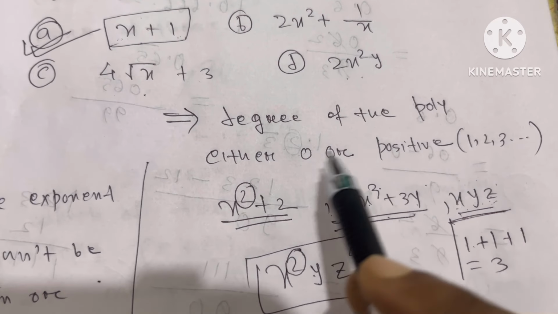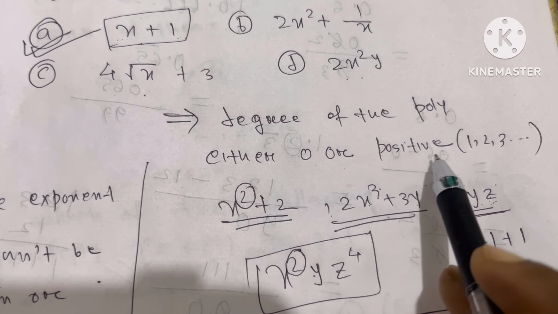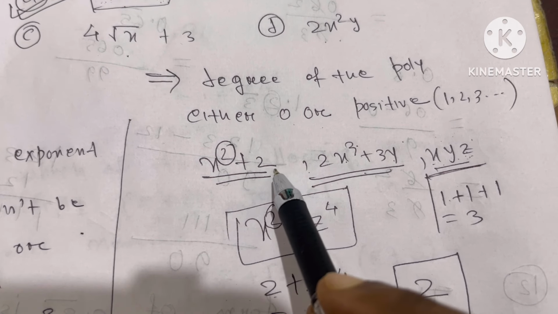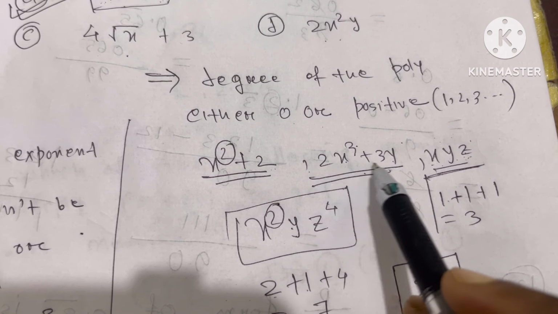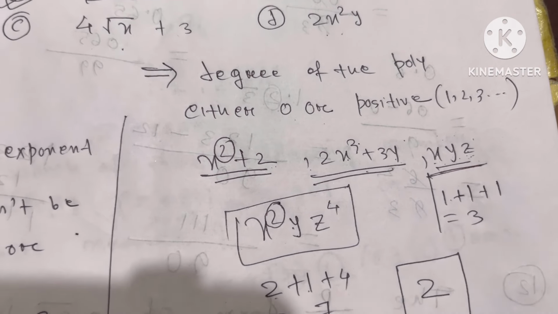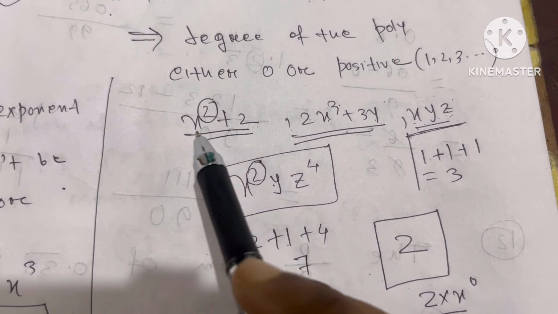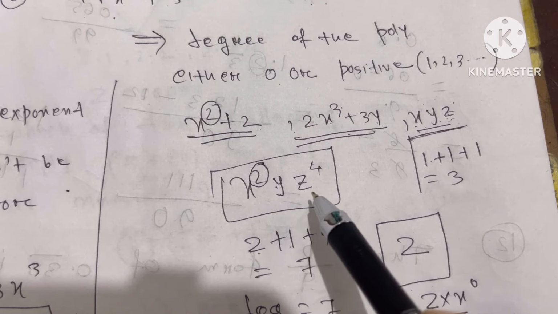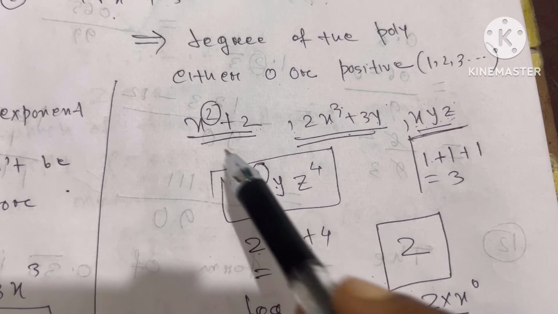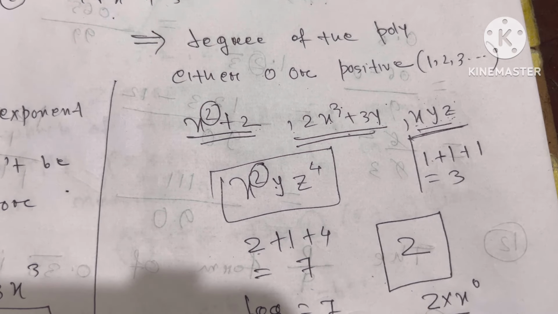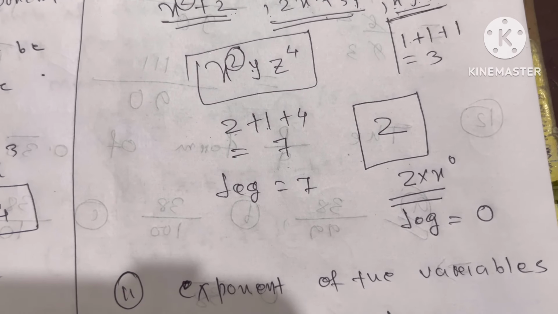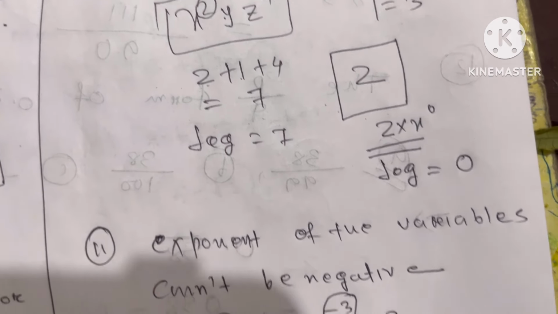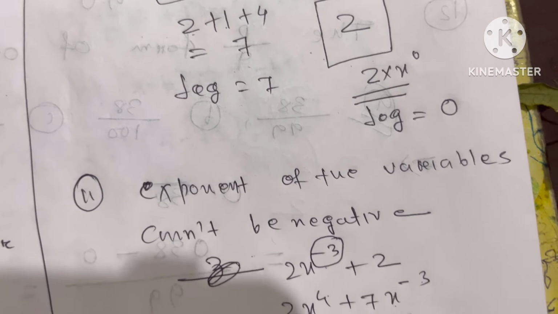Always remember, the degree of a polynomial is either 0 or positive. Degree means the highest power of the variable. In x square plus 2 the highest power is 2, so the degree is 2; in 2x cube plus 3y it is 3. The second criterion is that the exponent of the variable cannot be negative, so a negative exponent is not a polynomial.